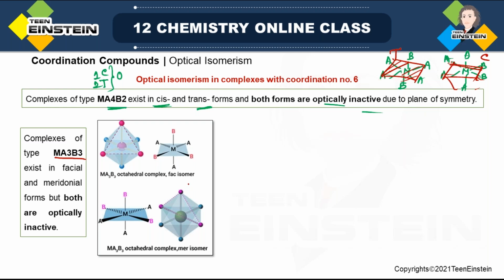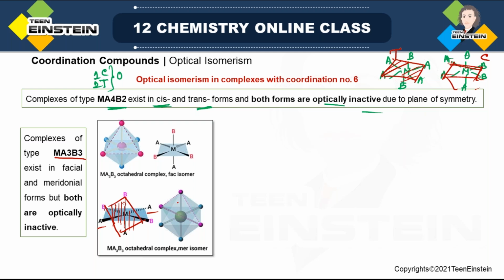Because again the same reason, there is a plane of symmetry present. Fine. So here, if we join these 4 in the meridional isomer, now if you cut the molecule along this, you will see what you are getting on both sides. On both sides you are getting AA, that means a plane of symmetry is present.